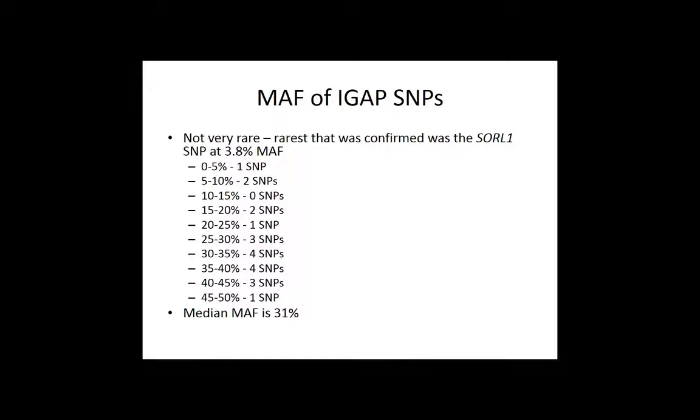So there's only the one that's as rare as 5%. And mostly what we find here is common SNPs, where the median minor allele frequency was 31%. So very non-Mendelian. This is not a childhood disease. There's no way this is something that's going to be related to a population selection pressure.